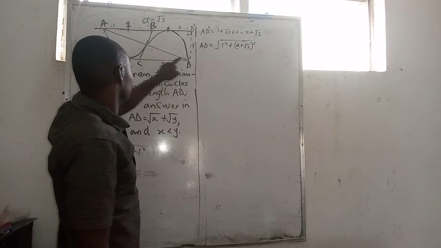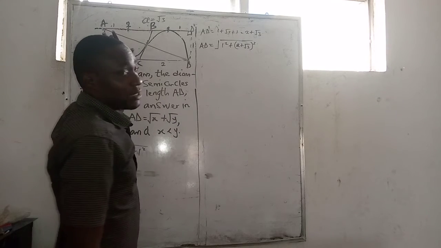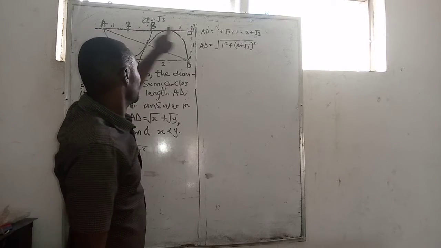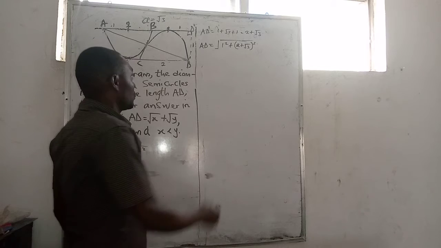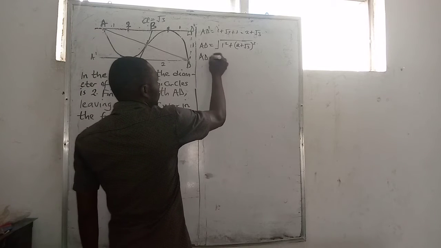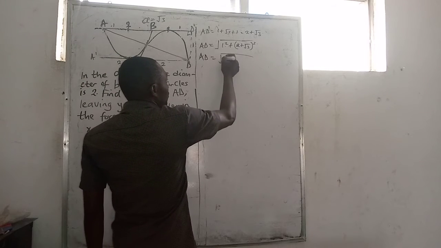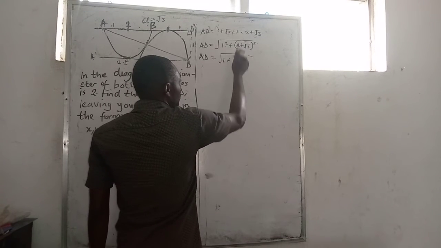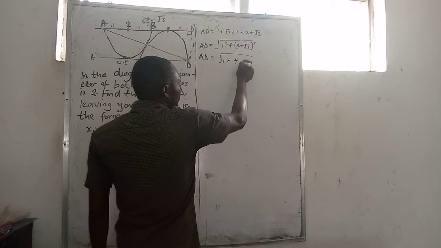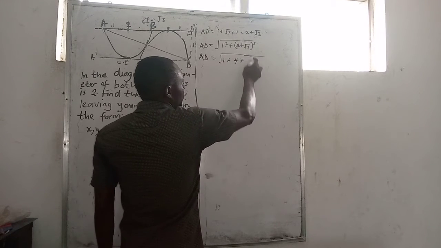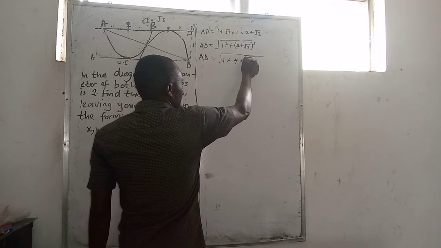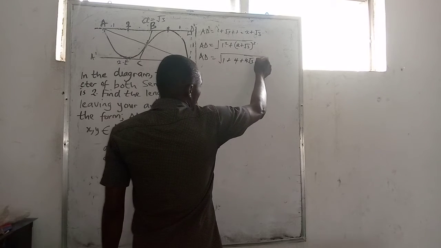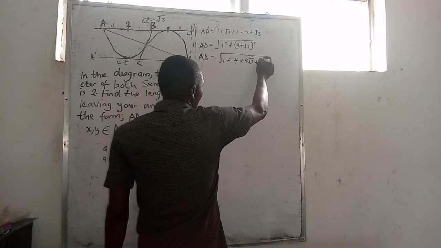And my AD is what? Using Pythagoras theorem is 1 squared plus AD prime squared. So AD is going to give me square root of 1 squared is 1 plus, so I'm going to expand this. On expanding, I'm going to have 2 times 2, I have 4 plus 2 times 2 times root 3, that's 4 root 3, plus the square of this is 3.